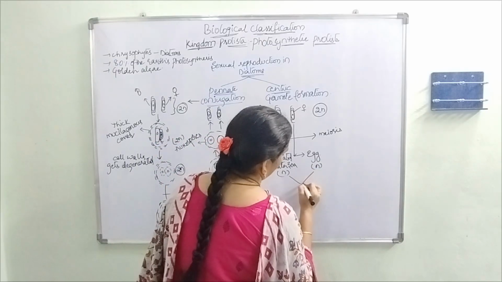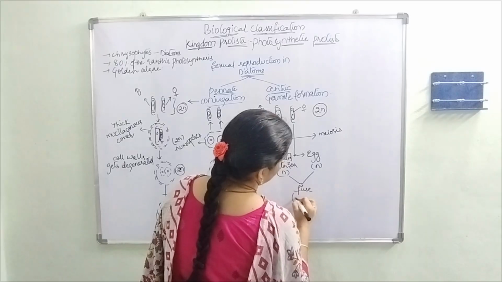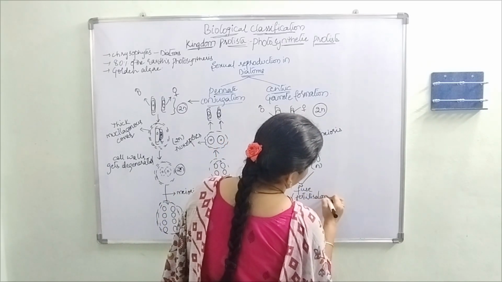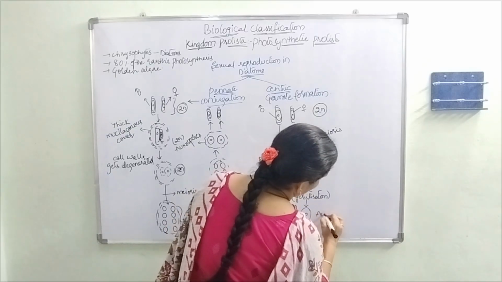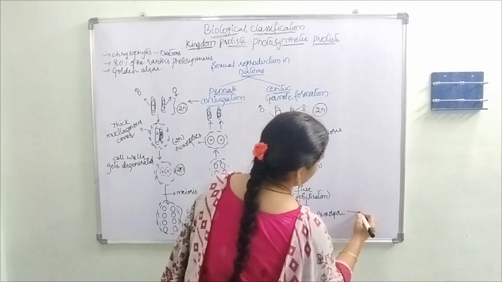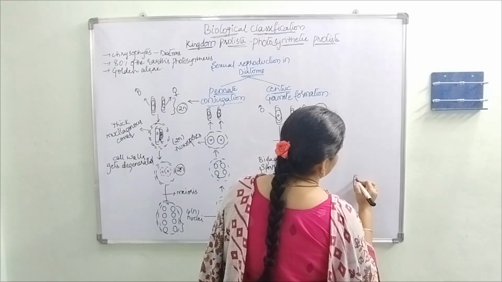Both of these haploid gametes fuse. Fertilization takes place and this results in the formation of the auxospore. This auxospore is now going to develop into a normal sized diatom.